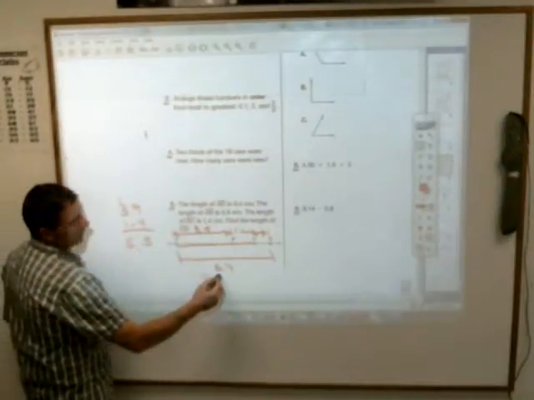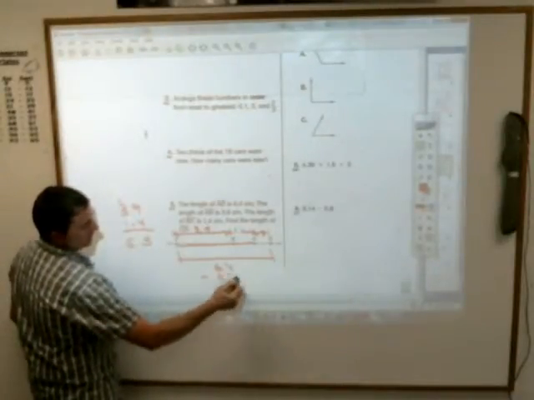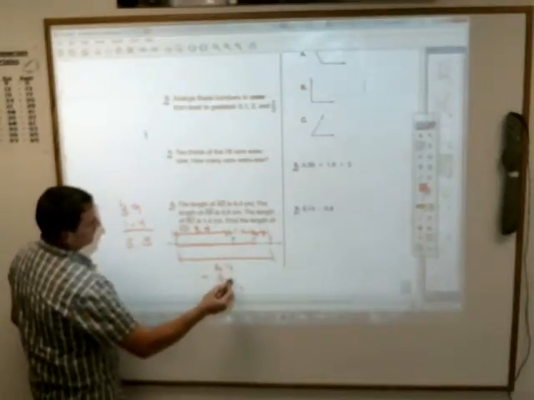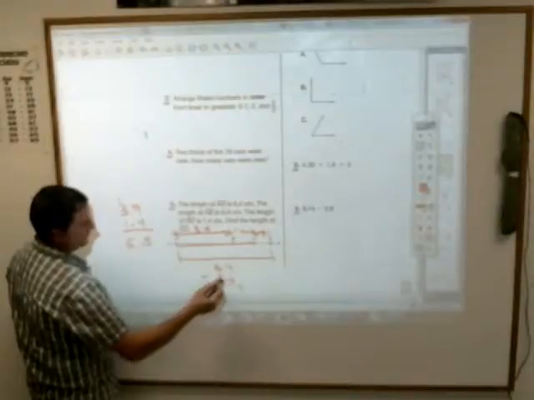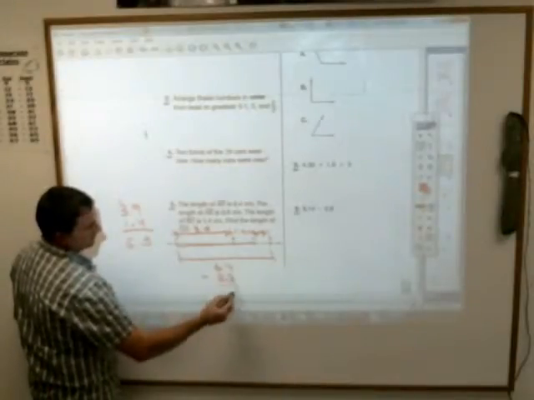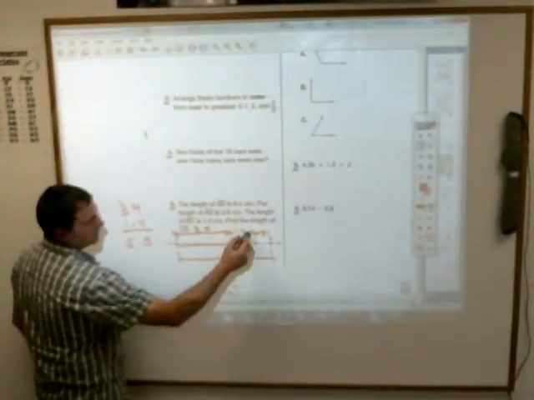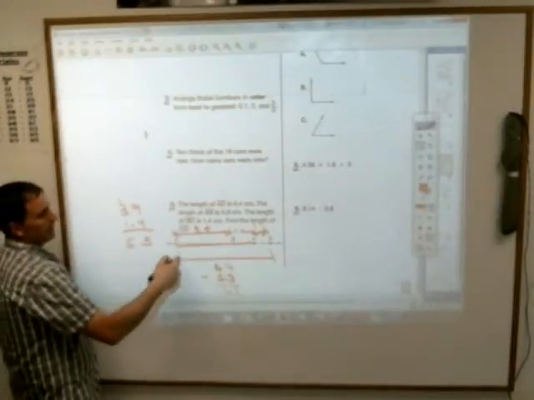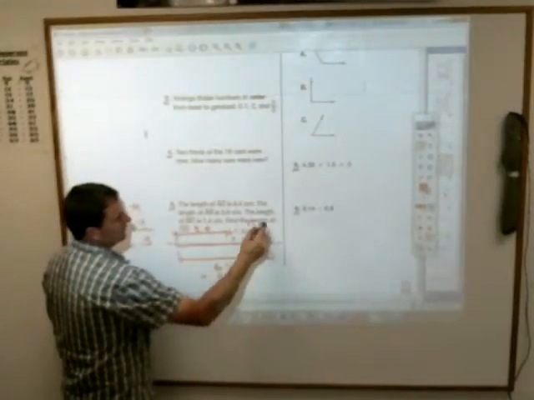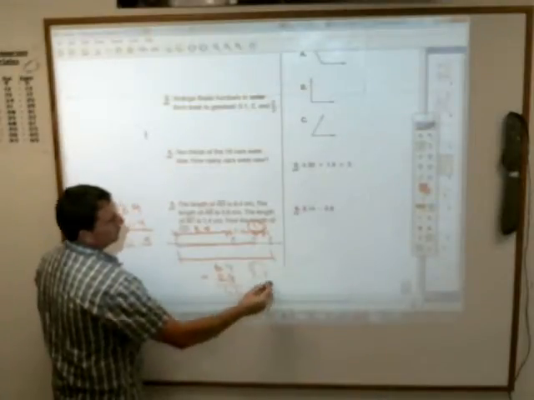If you take that away from 6.4, that'll leave you with that chunk there that's left over. That's where the 1.1 goes. Because if I add 1.1 plus 1.4 plus 3.9, I get this whole thing here.